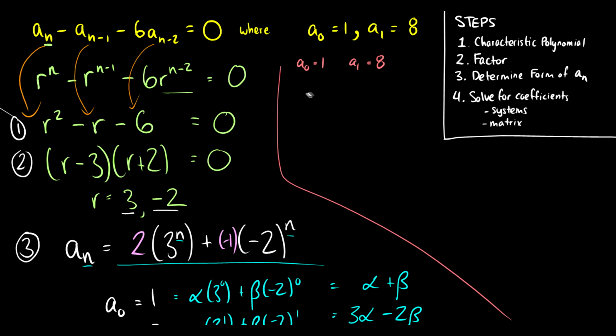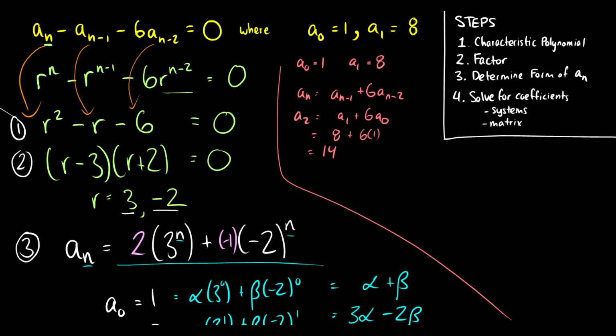So more generally, we know that an is equal to an minus 1 plus 6an minus 2. So a2 is going to be a1 plus 6a0. So this is going to be 8 plus 6 times 1, which is 14. So a2 is 14.